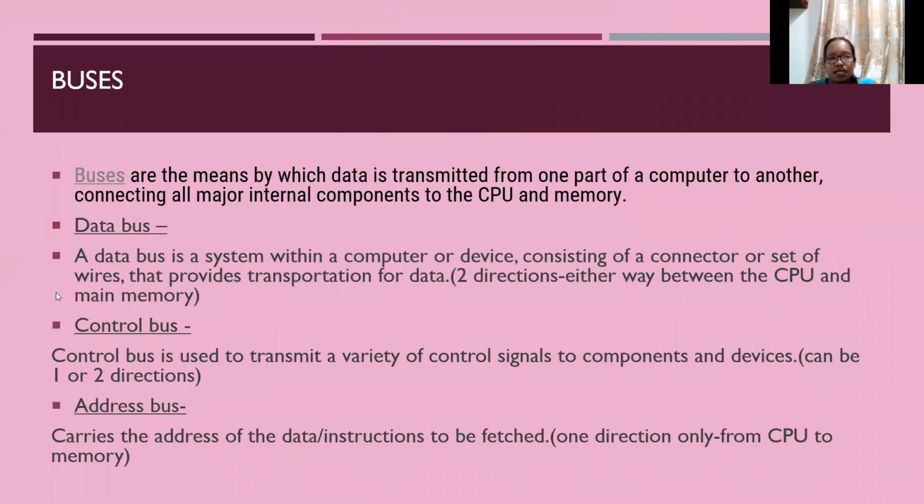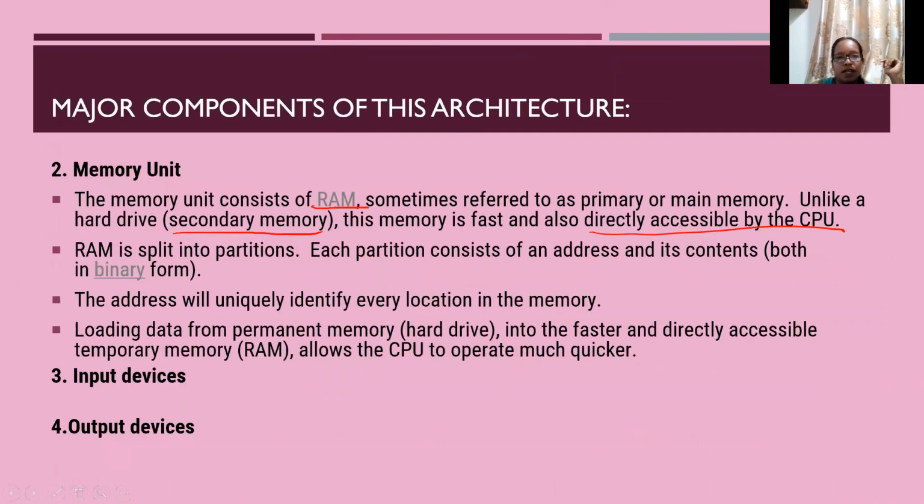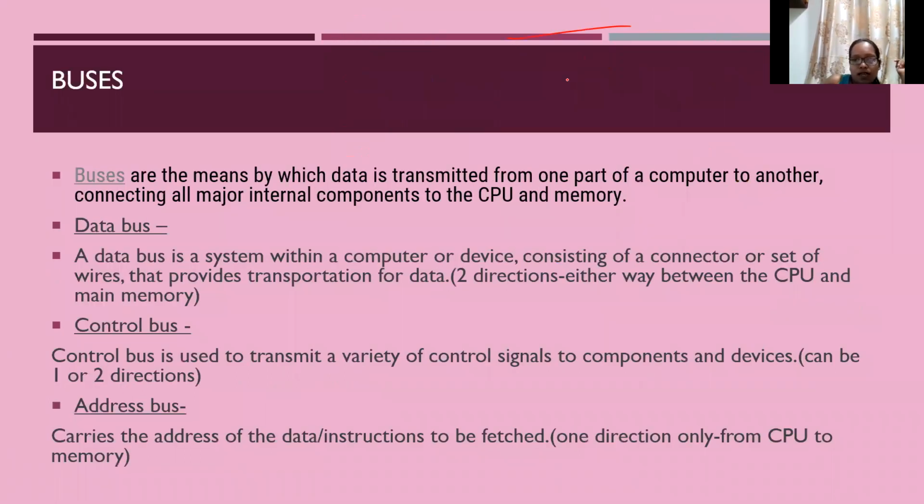Then buses, right? Buses are needed in order to navigate through the motherboard. Say the CPU is there, and the input devices are there, the output devices are there, and the memories are there.